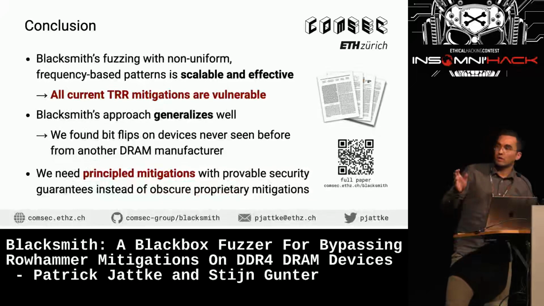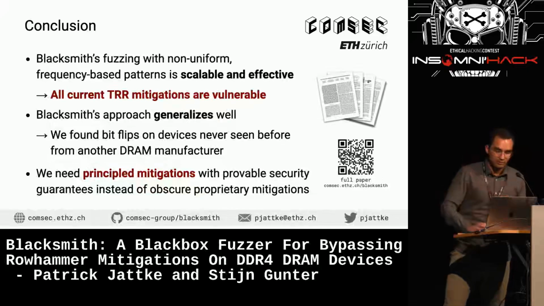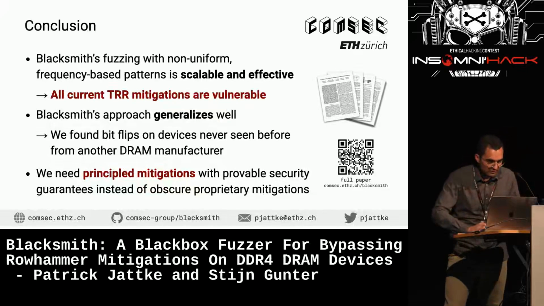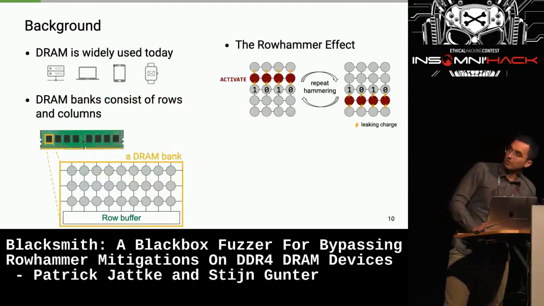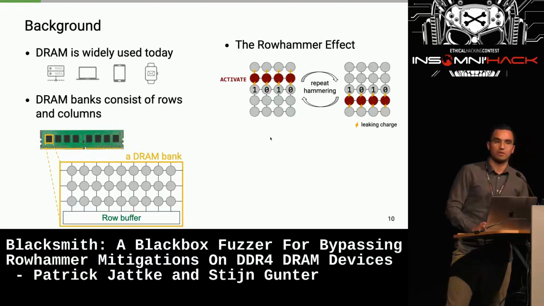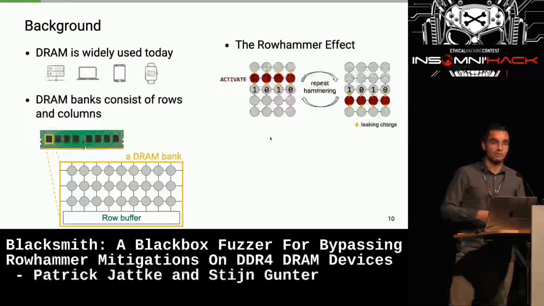One thing that I did not highlight in my talk is that if you hammer these two aggressor rows, these red ones, then it might not only impact the one in the middle, but also the one outside, and not only with distance 1, but also a higher distance. This is, for example, due to the physical effect of the leaking charges. And this, for example, ProTRR also takes into account.